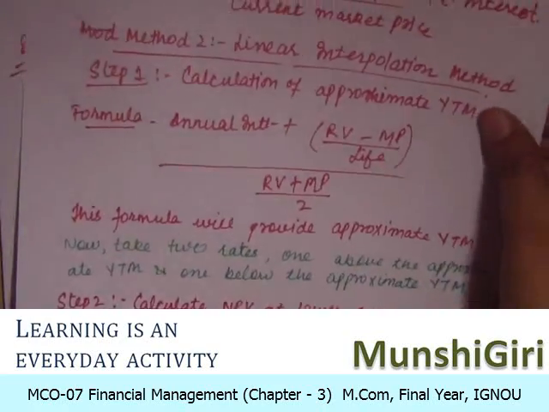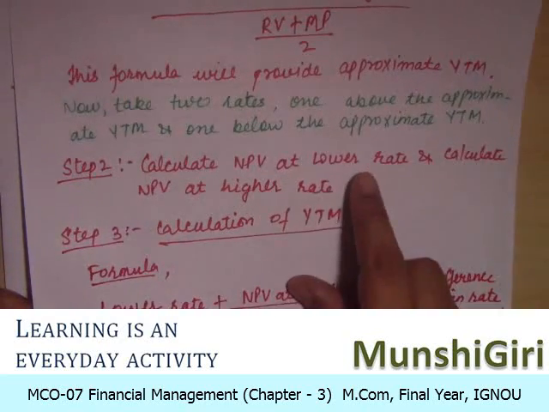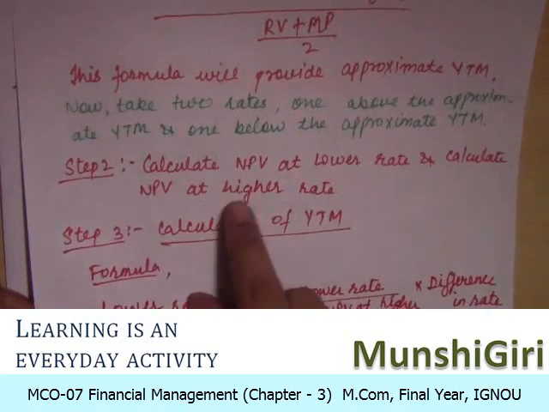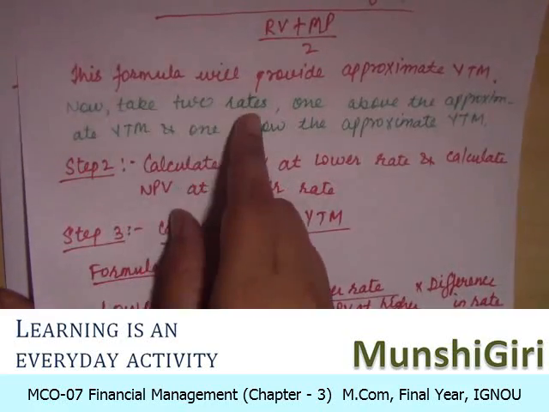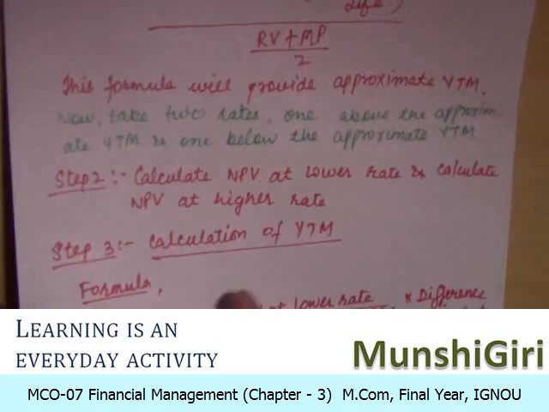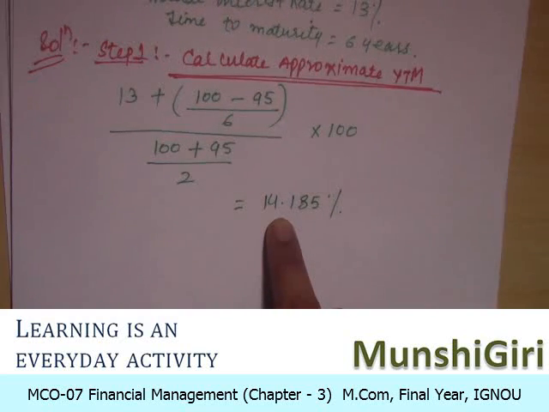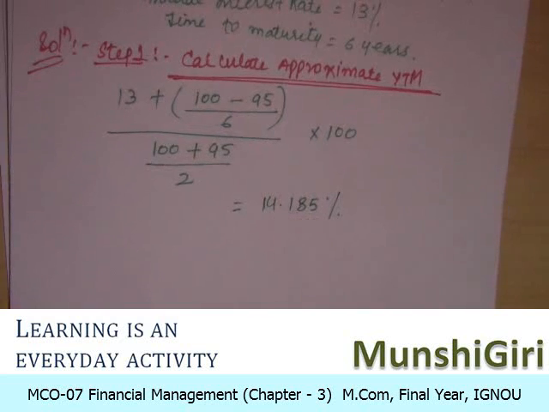So in step 2, calculate NPV at lower rate and calculate NPV at higher rate. Now take two rates, one above the approximate yield to maturity and one below. This is the approximate yield to maturity, 14.185.